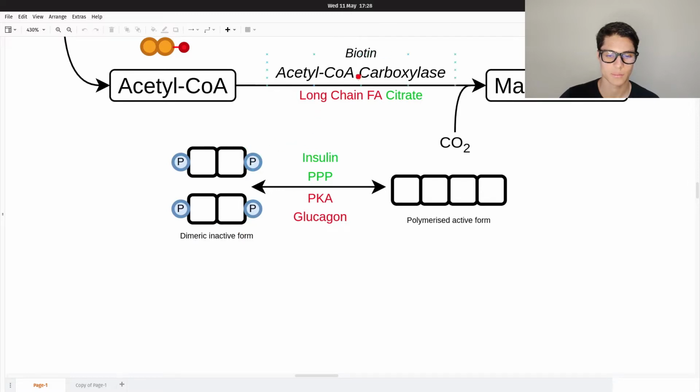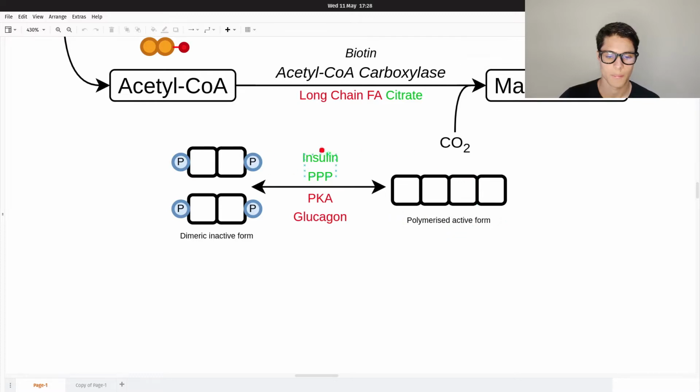Basically, this enzyme has two forms, the dimeric and the polymerized. The dimeric is inactive and has phosphates, and the polymerized is the active form.